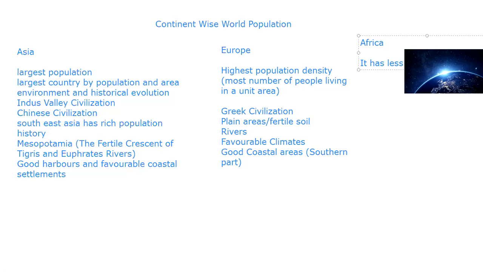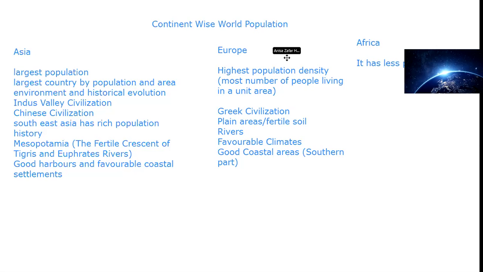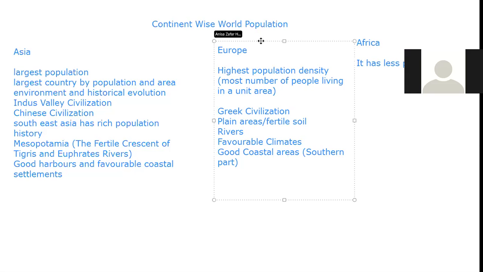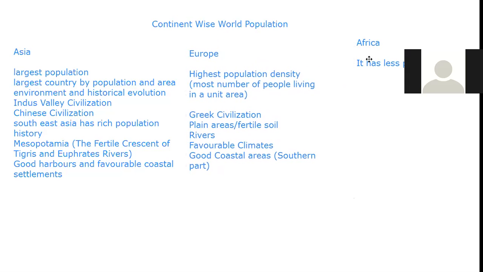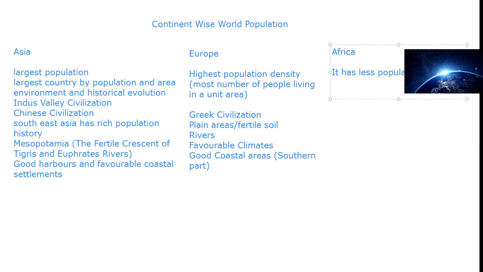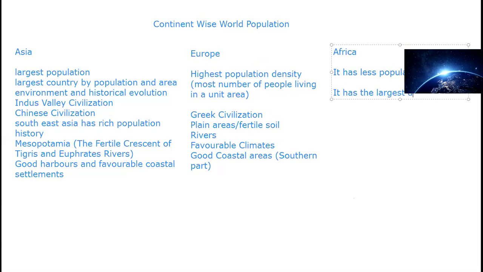Africa has the less population density. And the reason behind is it has the largest desert, and deserts are not favorable.